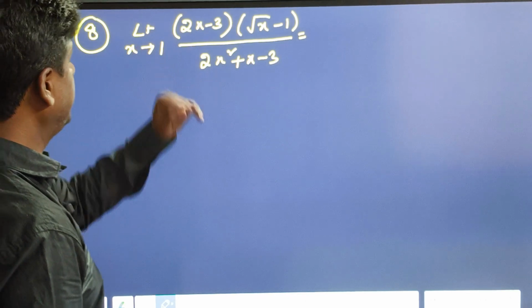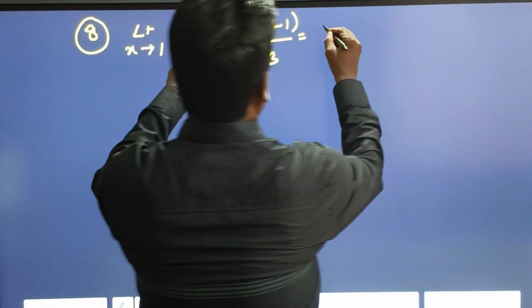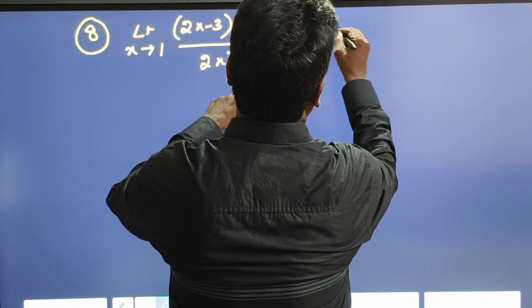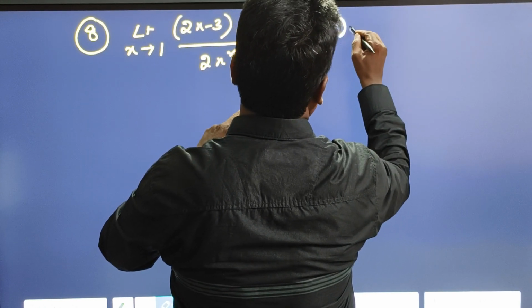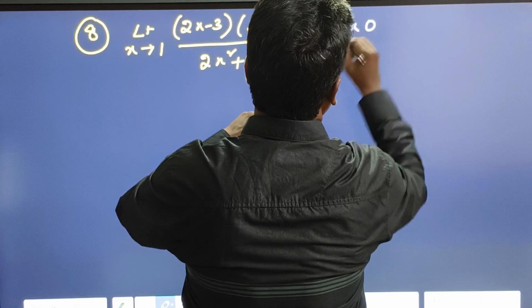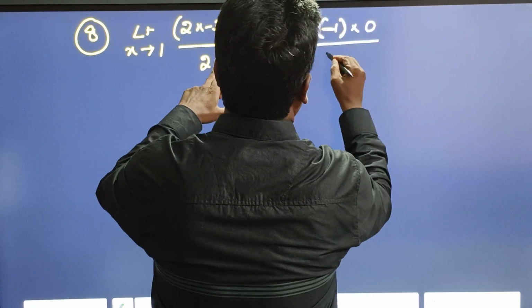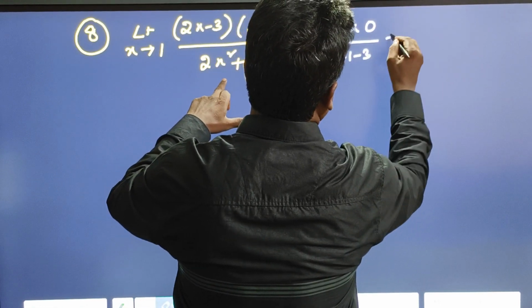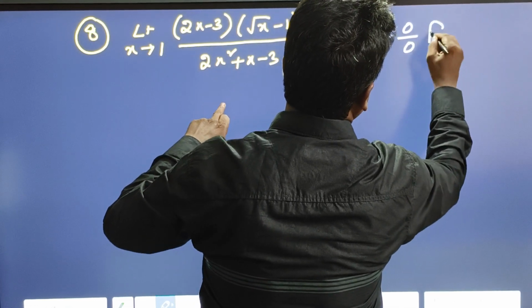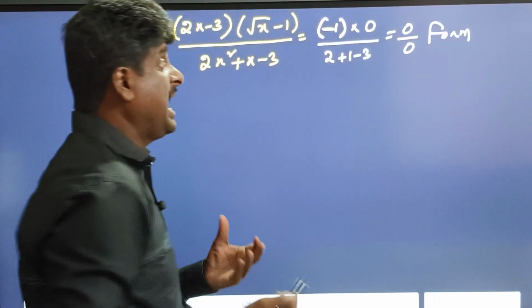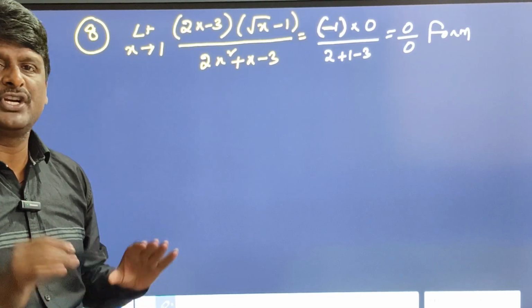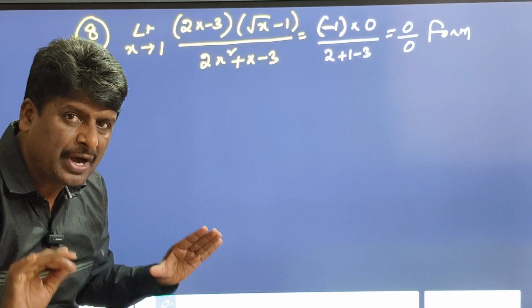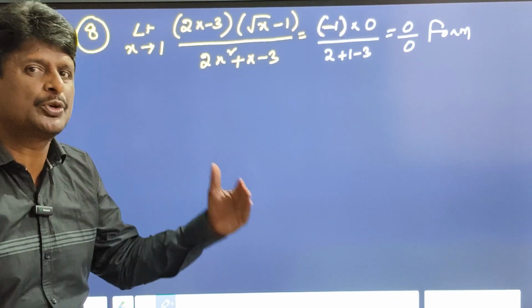Do observe that. While applying the limit, we get (2 into 1 minus 3) into root 1 minus 1, that is 0, by 2 plus 1 minus 3. We are getting 0 by 0 form. Whenever the limit of a function is in 0 by 0 form, how to solve such a question?